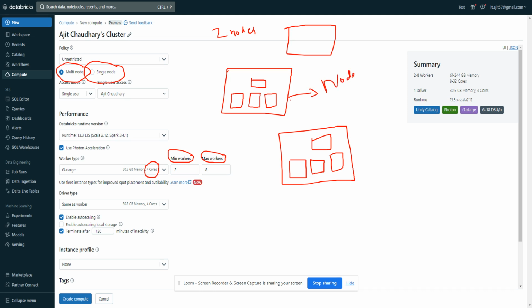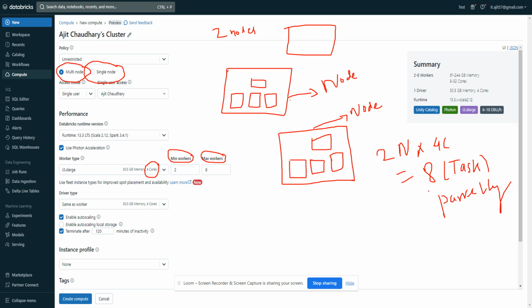A node means a computation unit, a Java virtual machine. So two nodes means we are using two Java virtual machines to process our data, and within them we are using four cores each. Two nodes times four cores means eight tasks we can perform parallelly at a time, so eight partitions at a time.